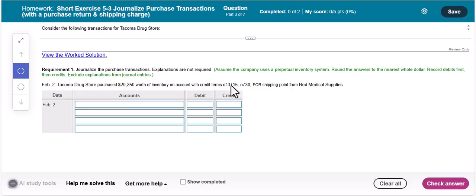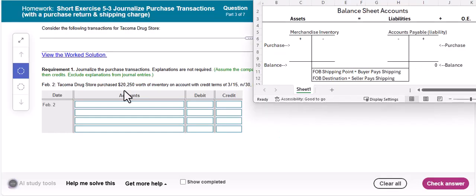Otherwise, the net amount due is within 30 days. And what does FOB shipping point mean? Just as a reminder, FOB shipping point means the buyer pays shipping. So we're going to be doing the transactions for the buyer in this short exercise.